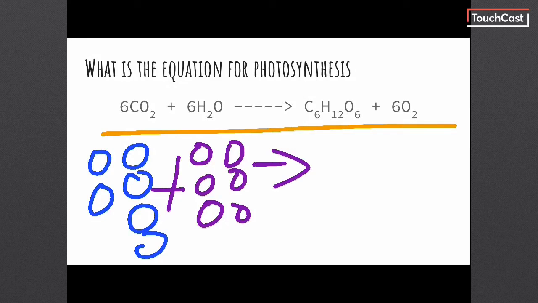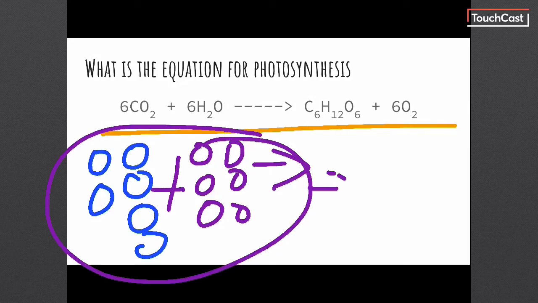They go through the process when the light energy shines from the sun, all that, and then you get C6H12O6 plus 6 O2, okay? So basically, all these atoms here are going to go through this process, and they're going to come out looking a little different.